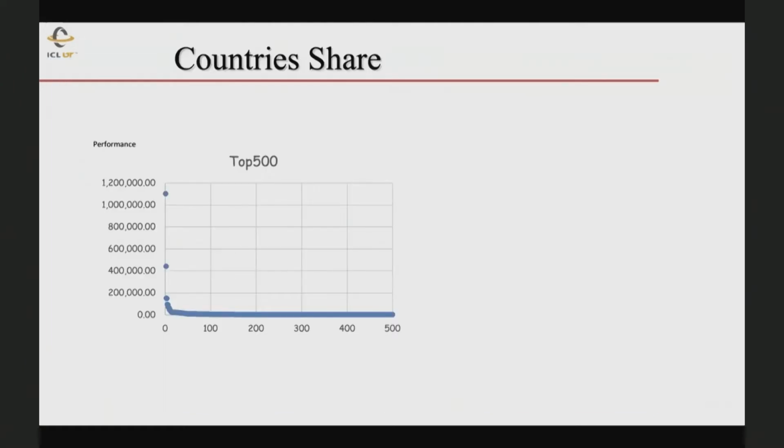This is a look at how those top 500 machines spread out. So we're plotting here the performance of each of the 500 machines. You can see the number 1 machine there standing out quite a bit above all the other machines. And you can see that the top 10 machines really dominate this list here, and this very long tail of machines follow from that list.